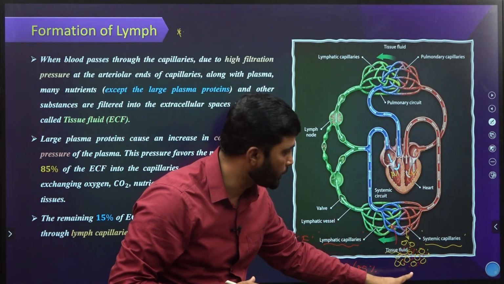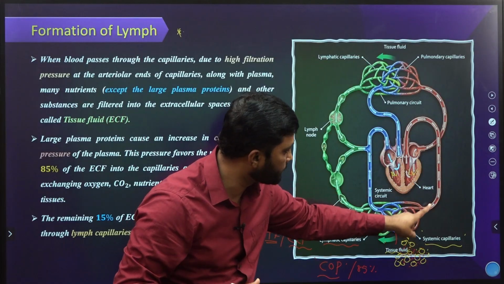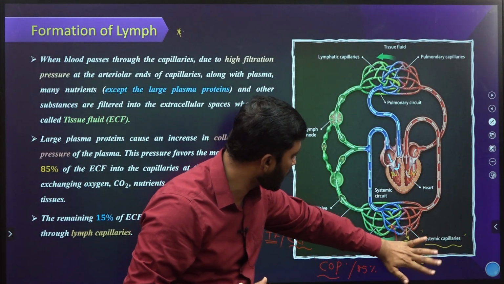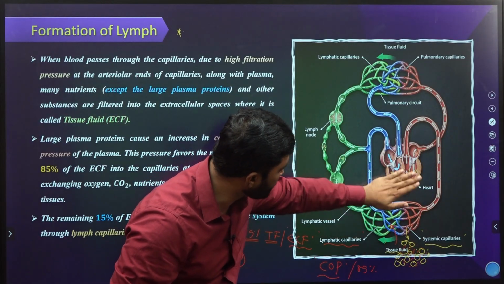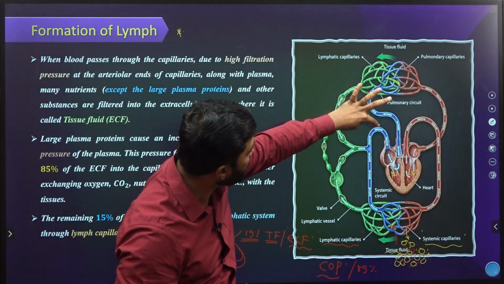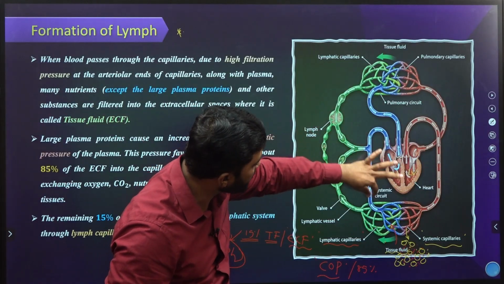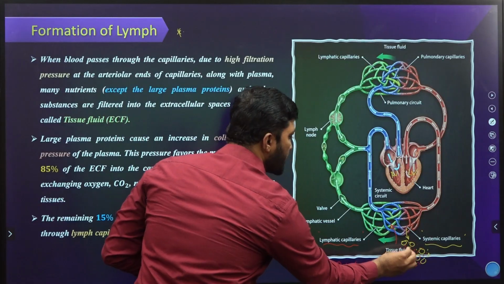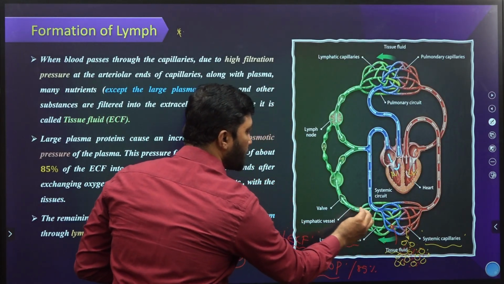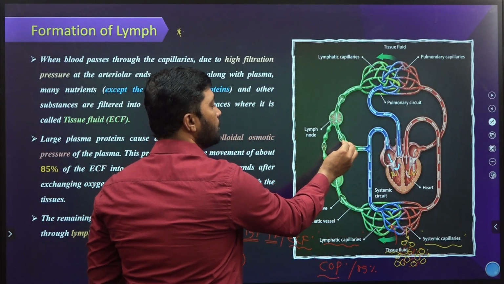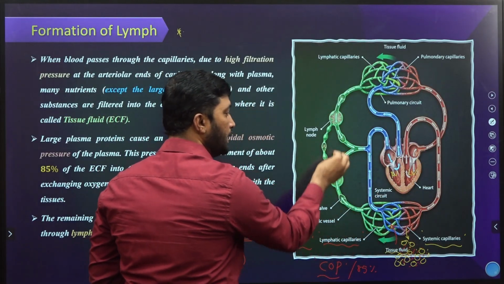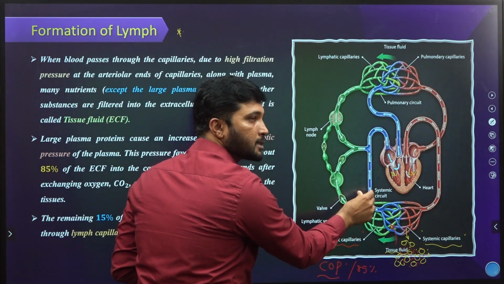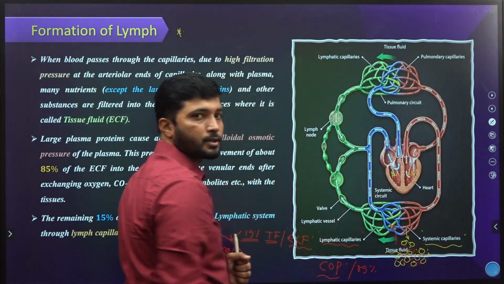This is tissue fluid, generally a part of the blood filtered into the tissues. In the tissues, it is utilized. After utilization, the maximum tissue fluid, 85%, goes back to the heart by the venous system. The remaining 15% of the tissue fluid is transported by the lymphatic system and joins the venous system towards the heart.